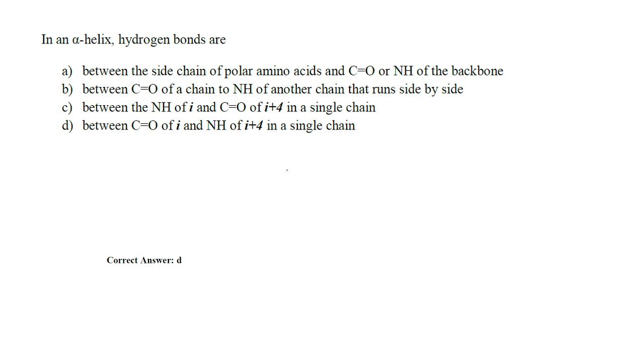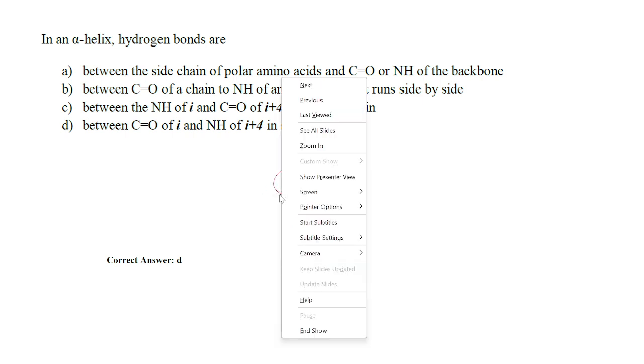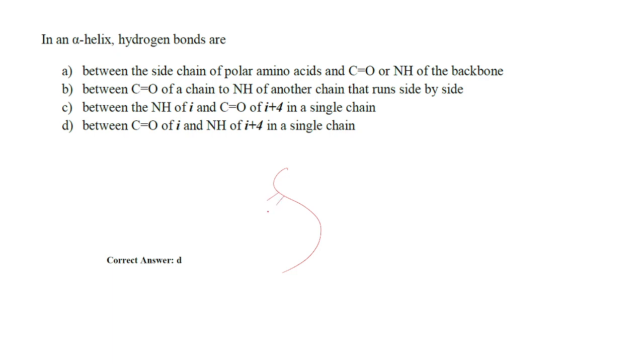If we draw the alpha helix, if this is CO and this is NH, then this will be i plus 4, and this H will form the hydrogen bond. This is i.